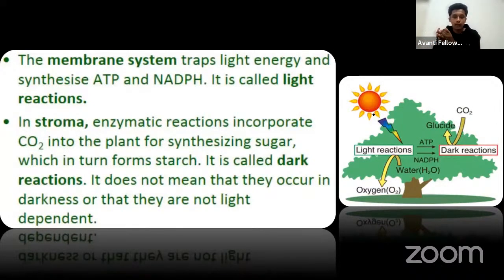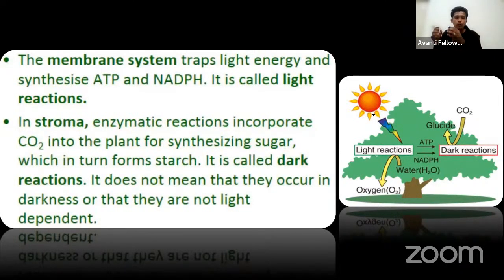In the thylakoids or grana region, the chloroplast will trap the light and use the energy coming from the light to conduct a biochemical reaction called the light reactions. The reason we call it the light reaction is because it happens only in the presence of light. So what is happening in this light reaction?